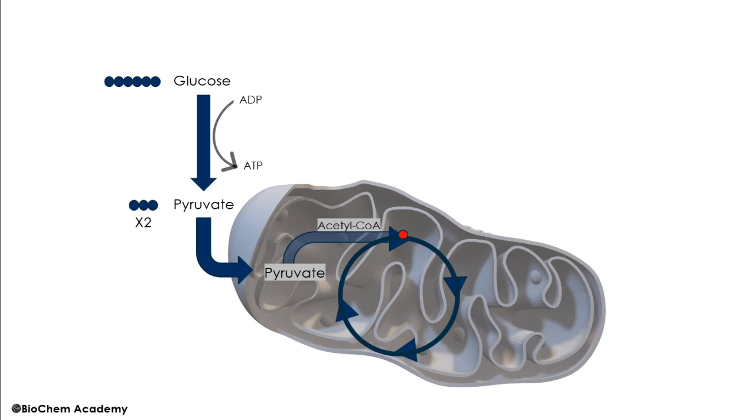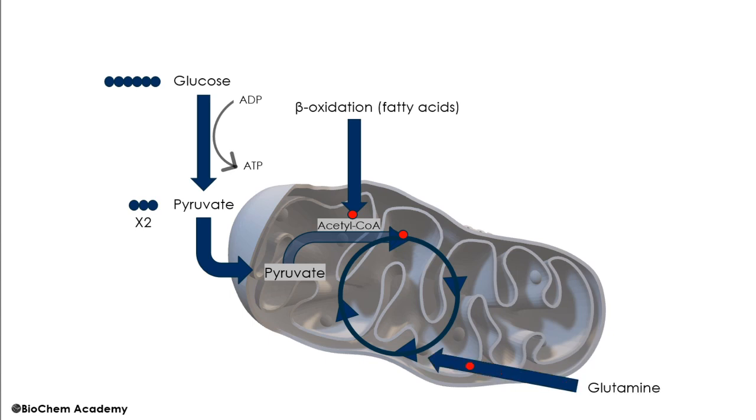Another way of feeding into the citric acid cycle is through the beta oxidation from the fatty acids, which can also feed into the acetyl-CoA pool inside the mitochondria. And then that will join the citric acid cycle in the same manner as the acetyl-CoA from the glycolysis. Thirdly, there is glutamine that feeds into the citric acid cycle.